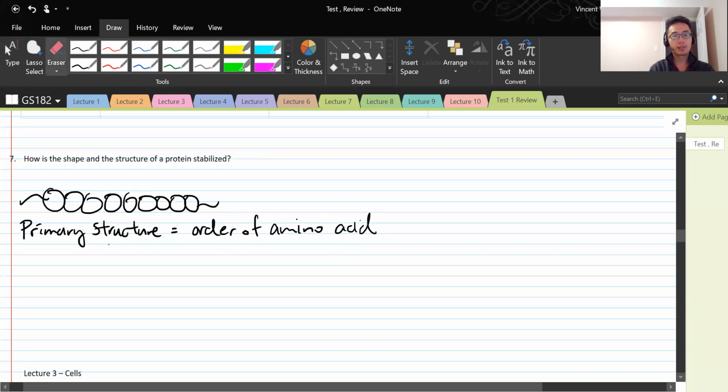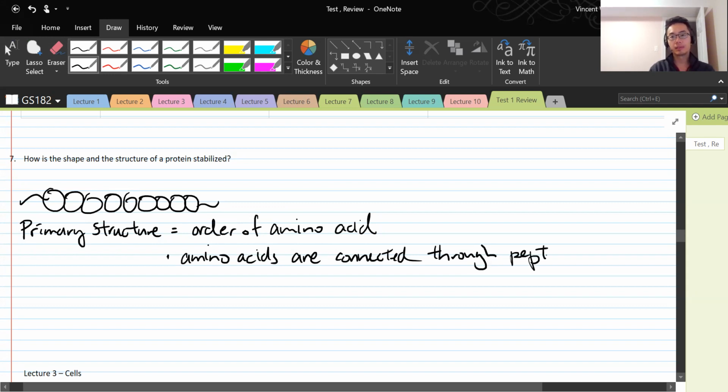What holds them together? Amino acids are connected through peptide bonds, a type of covalent bond.